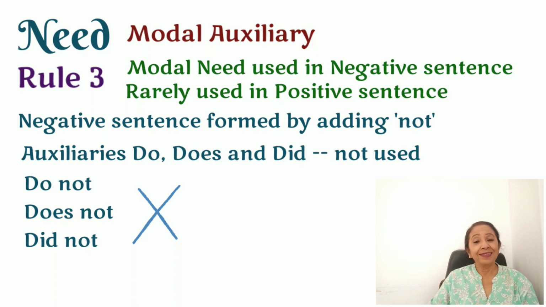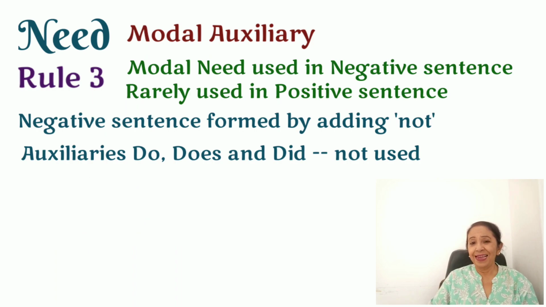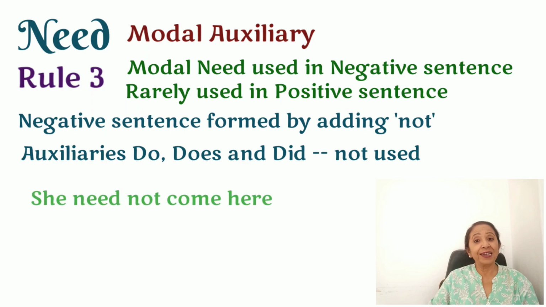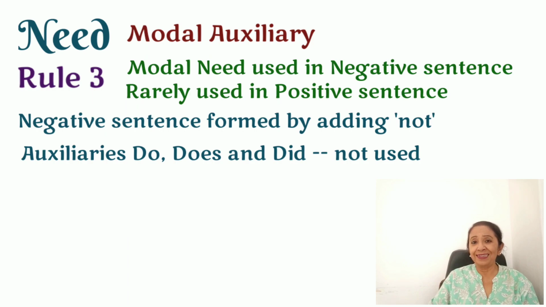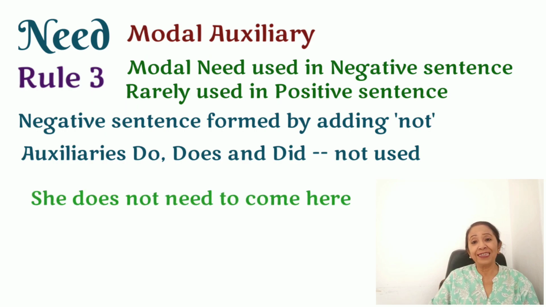Let's take the same examples. She need not come here. Have you noticed? I've used not. I've not used don't or doesn't. If we use don't or doesn't, then the sentence will become she does not need to come here.